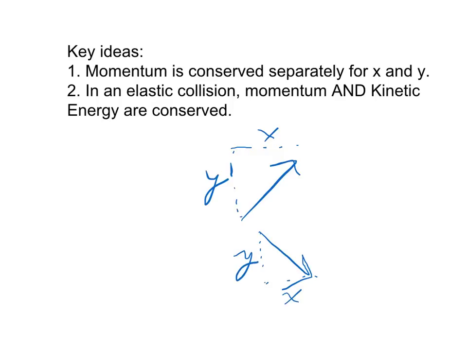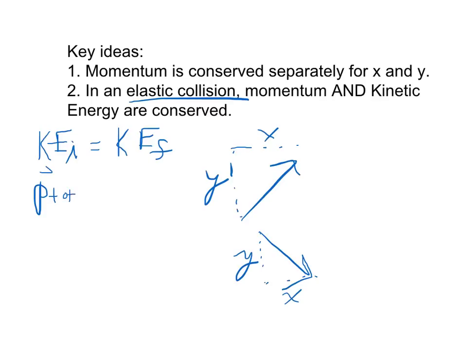And also, in an elastic collision, both momentum and kinetic energy are conserved, so kinetic energy at the beginning equals kinetic energy at the end, and total momentum at the beginning equals total momentum at the end.